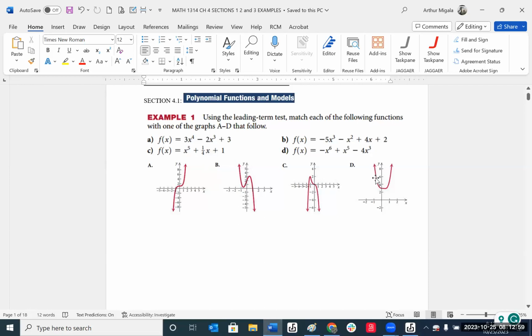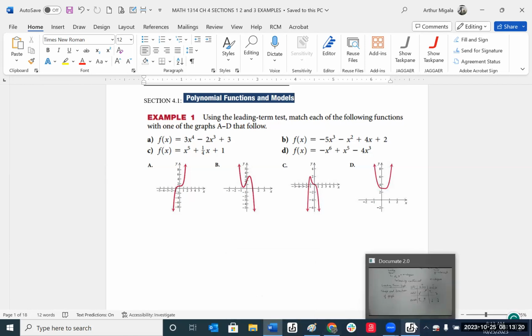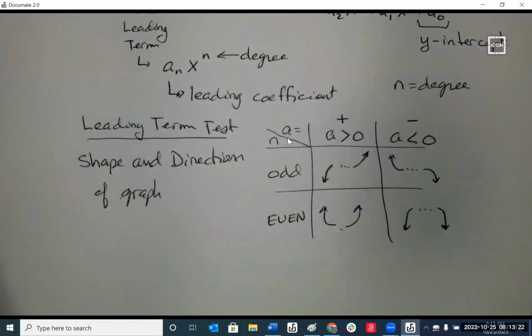And the only graph that points up both directions is N. So the graph of A is N. And we also see the y-intercept is 3. That's where it's going to cross the y-axis. Let's look at B. The degree is 3. So if the degree is 3, it's odd.